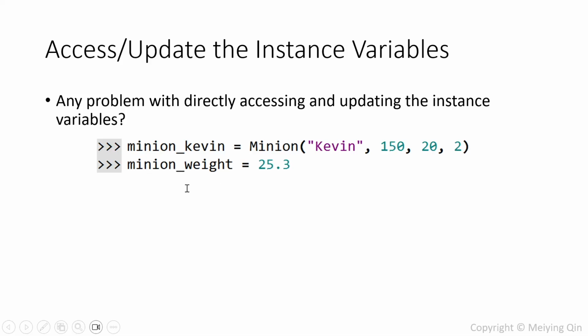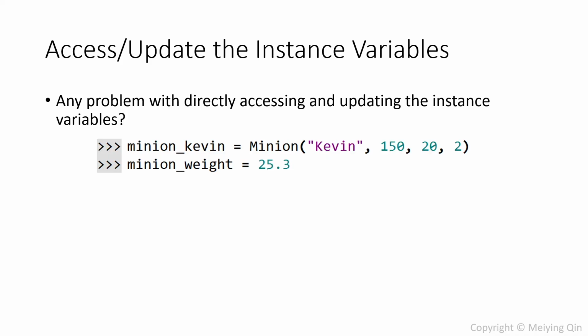Now, if you want to change the weight to, for example, 25.3 and you write this, what do you think will happen? Do you get any error? You won't. You will not get any error.